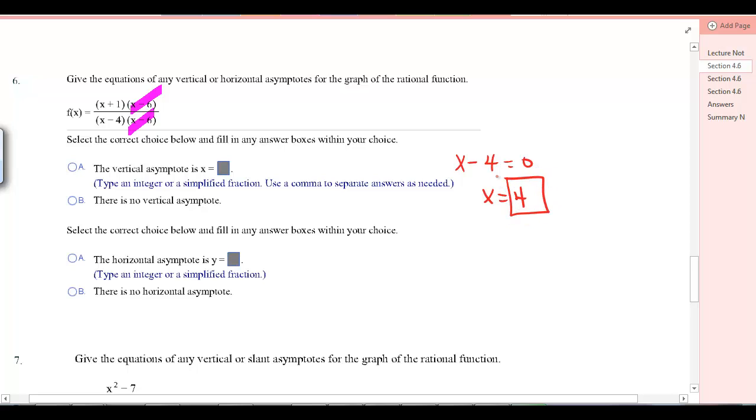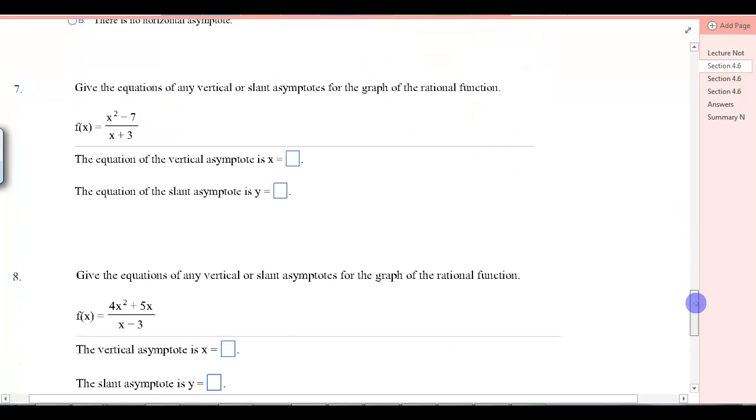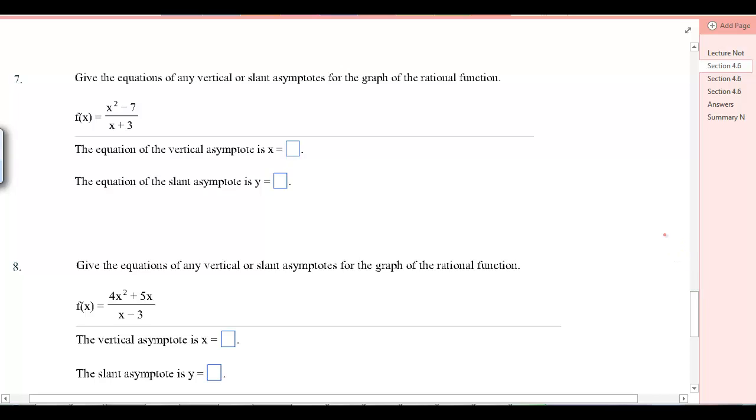The horizontal, you've got the same degree on the top and the bottom, and so you've got y equals 1 over 1, which is y equals 1. Okay? All right, number 7.